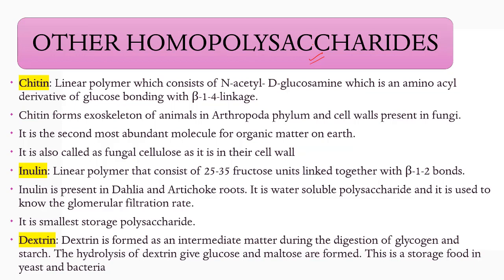The other homopolysaccharide example is chitin. Chitin is a linear polymer which consists of N-acetyl D-glucosamine, which is an amino derivative of glucose, bonding with beta 1,4 linkage.